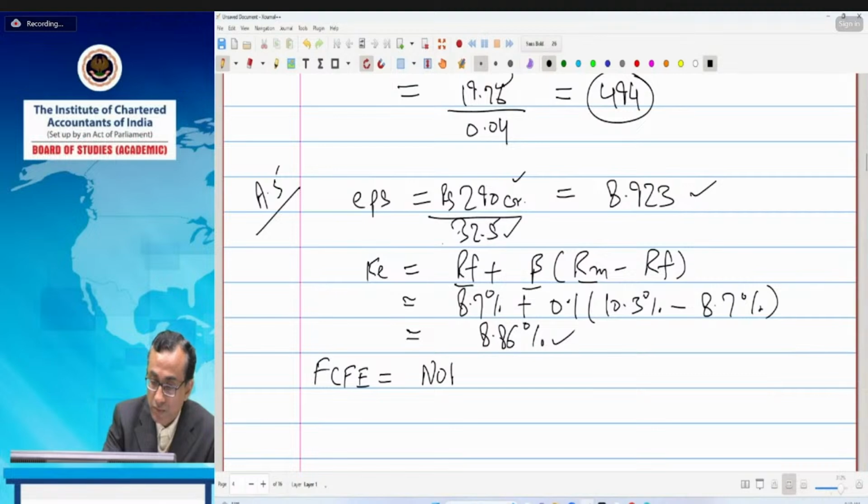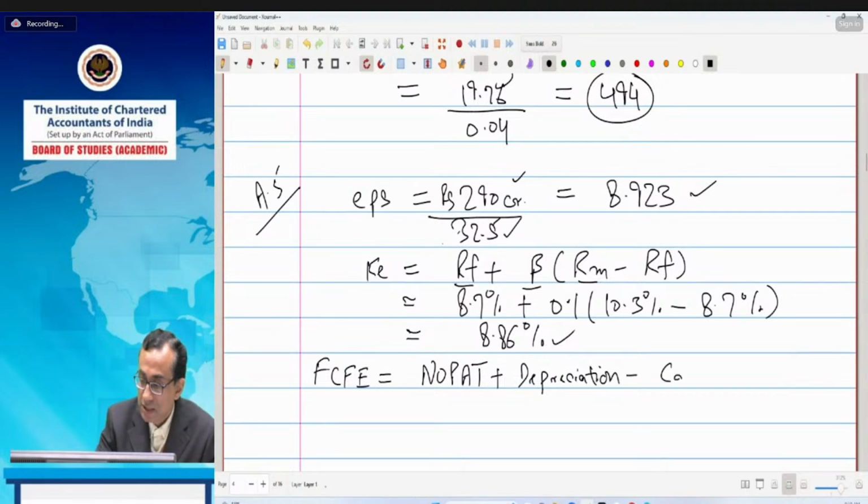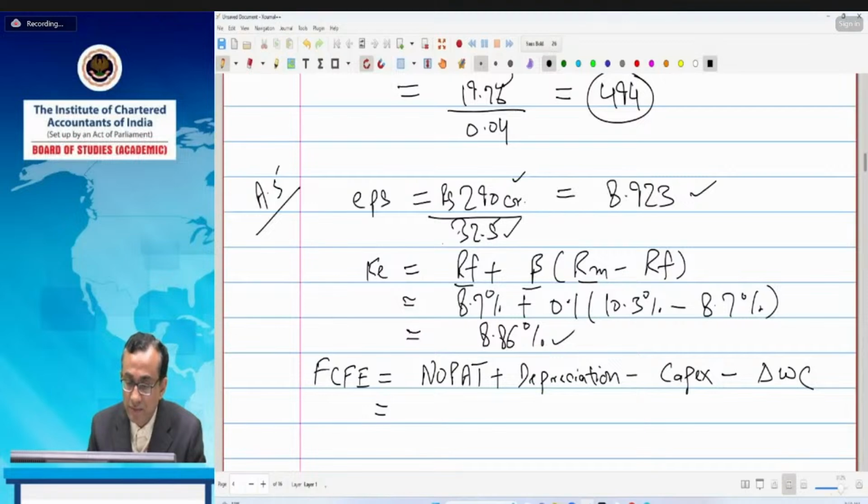That is net operating profit after tax plus depreciation minus any capital expenditure, minus any net change in working capital. Now, net profit after tax, we have calculated 8.923. All the figures are on per share basis.